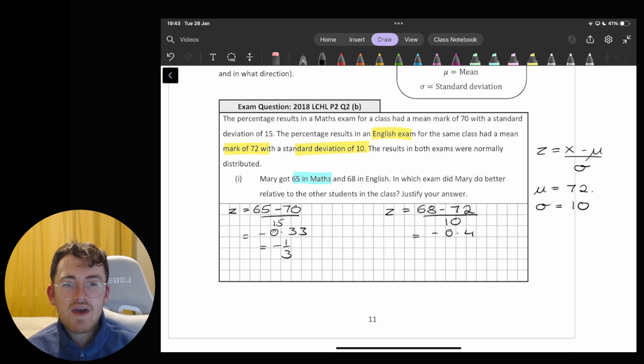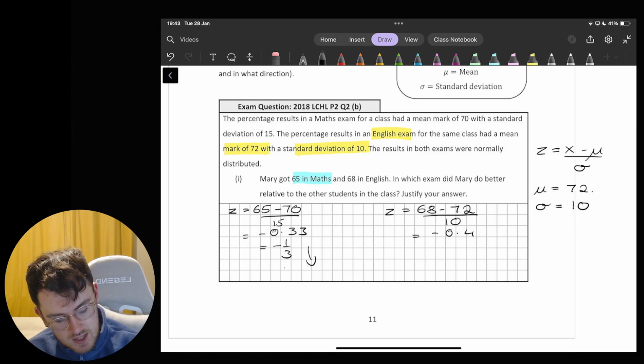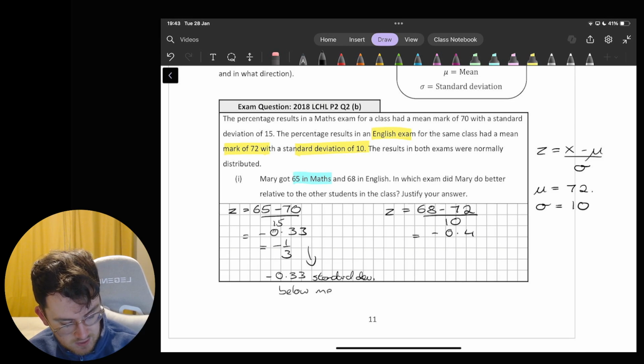Okay, so comparing the two results, in one result, her result here is minus a third of a standard deviation, or minus 0.33 standard deviations below the mean.